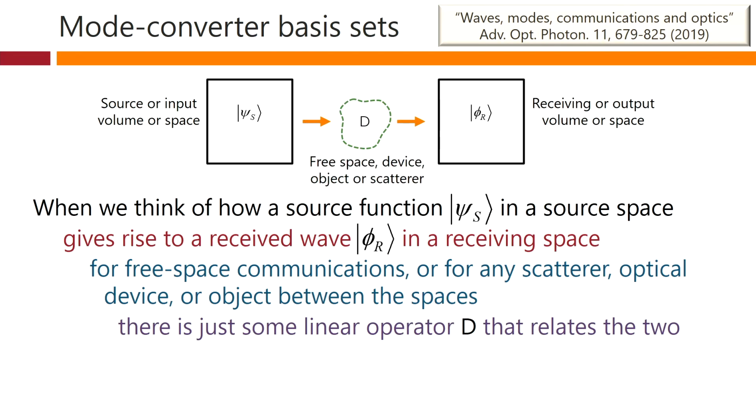That is, we imagine there's something in here, it could just be free space, or some device, or some scatterer, and sources in here going through this give us waves over there. And we can describe that with just a linear operator. So mathematically we can write that in this form. The simplest way to think of this is a vector of amplitudes, for example at points in space. This is the coupling operator, and this is the resulting wave, which we can also think of as a vector of amplitudes, in which case we can also think of this as a matrix, for example.